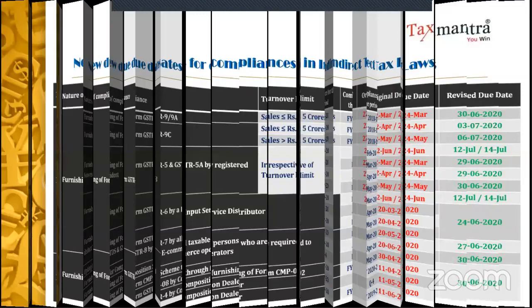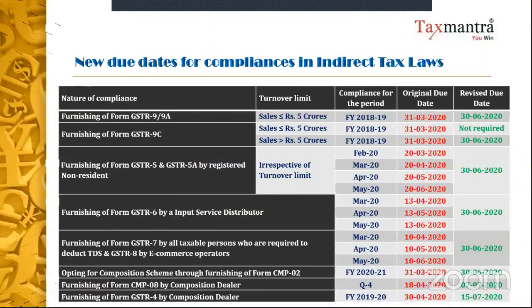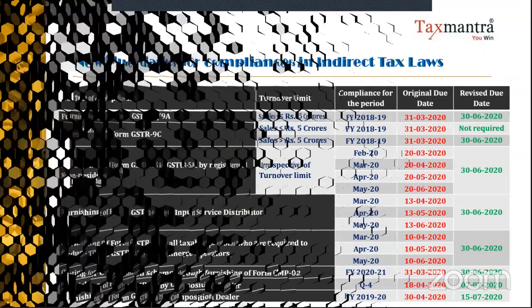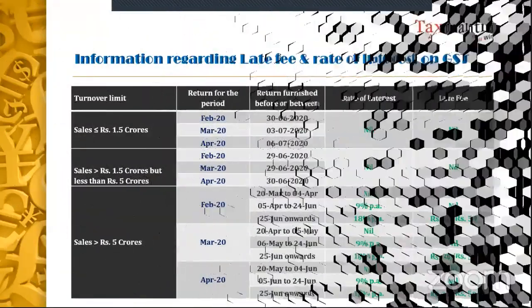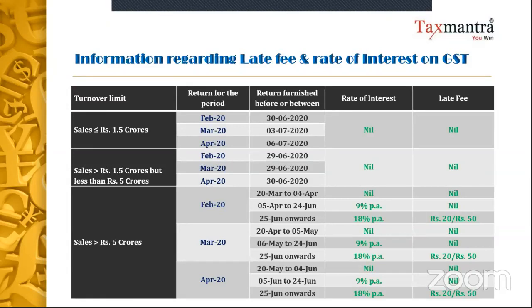Now you can see, if the return is furnished before or in between 20th of June to 4th July, there will be no interest.